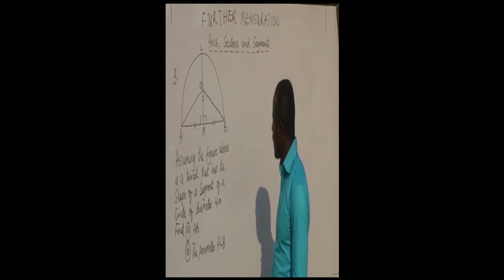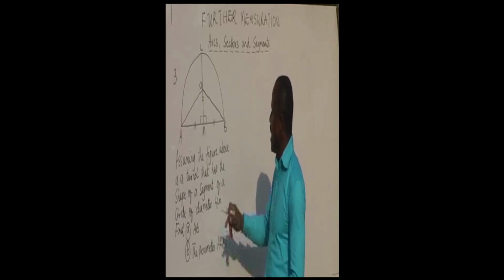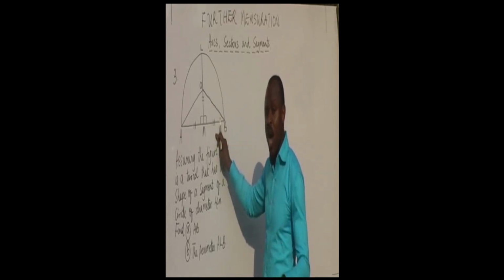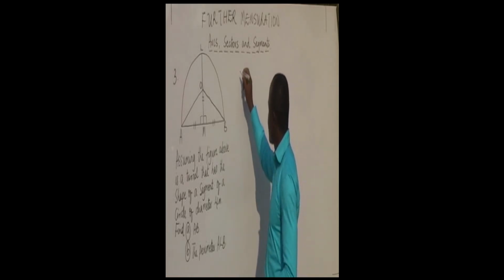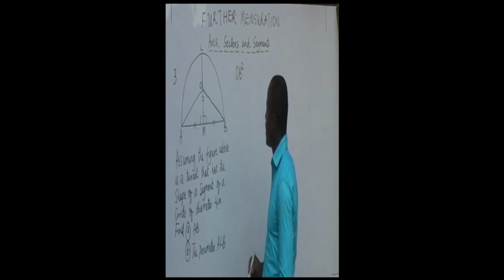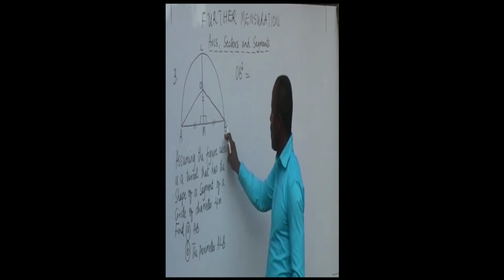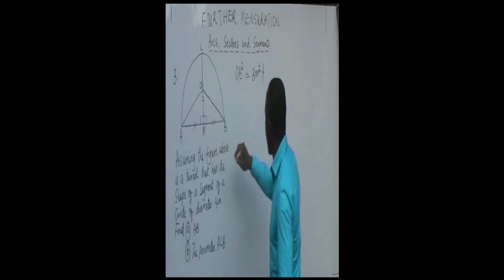The Pythagoras theorem tells us that the square of the hypotenuse is equal to the sum of the squares of the other sides of the right-angled triangle. What I mean is that by Pythagoras theorem, OB squared is equal to BM squared plus MO squared.